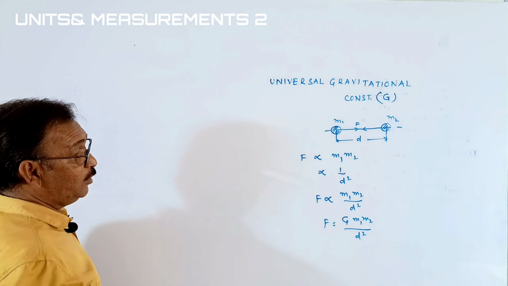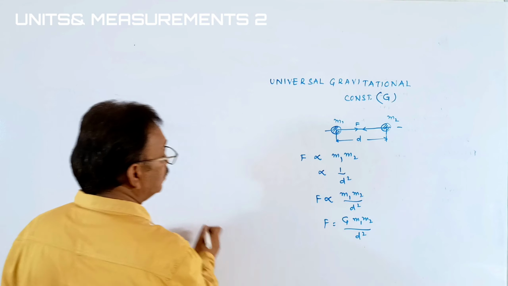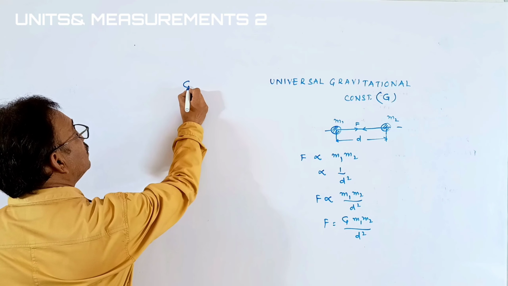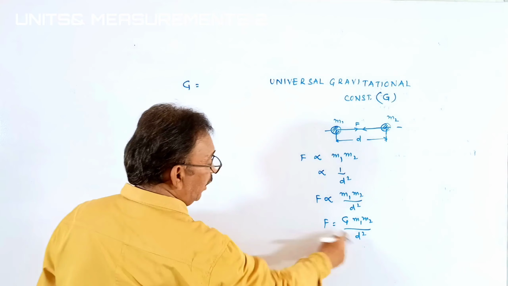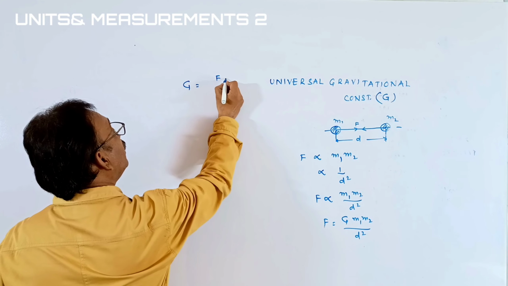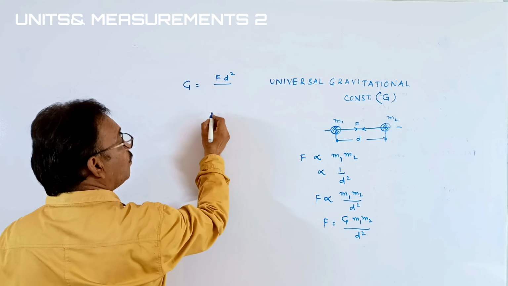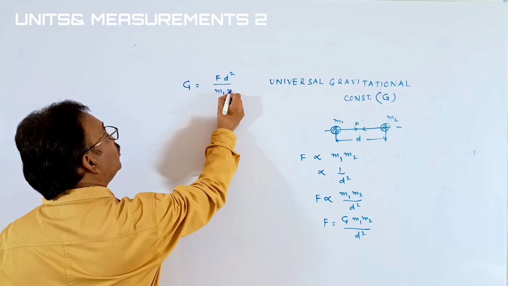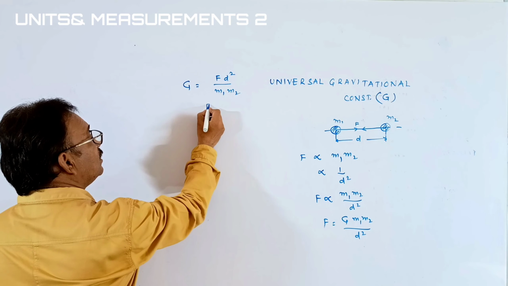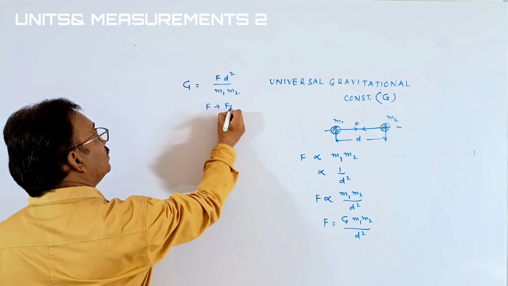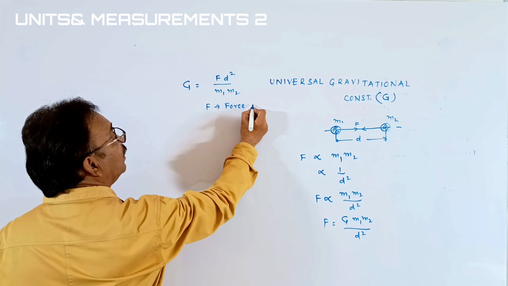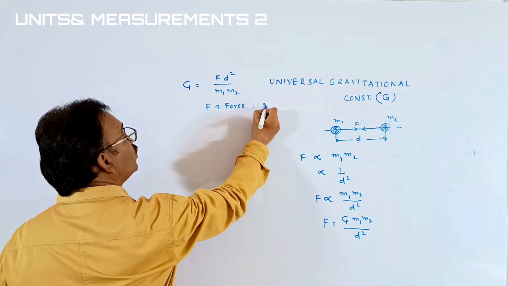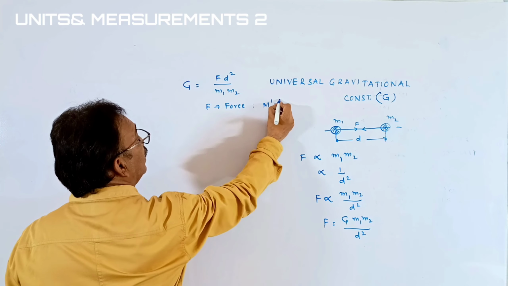Okay, we have to write the dimensional formula for G, students. G can be written as, multiplying this, F into d squared by m1 m2, where F is force. The dimensional formula of force is M1 L1 T inverse 2.